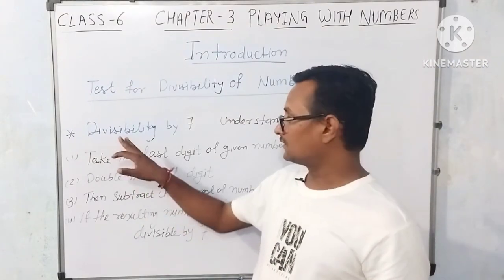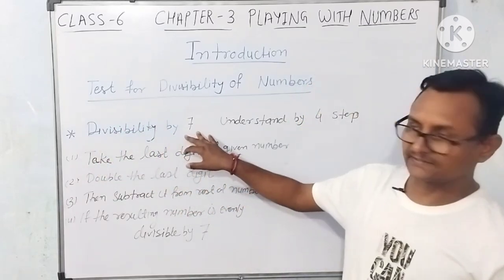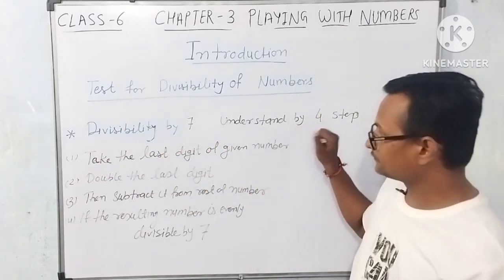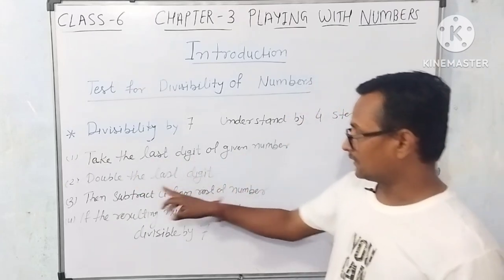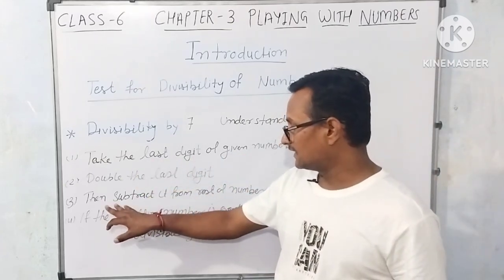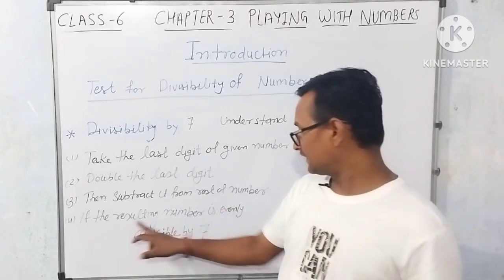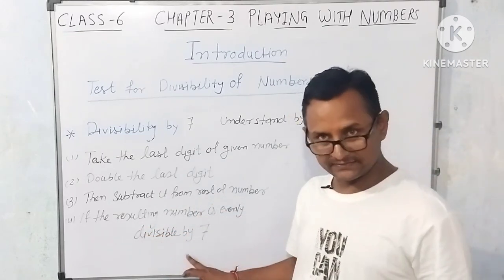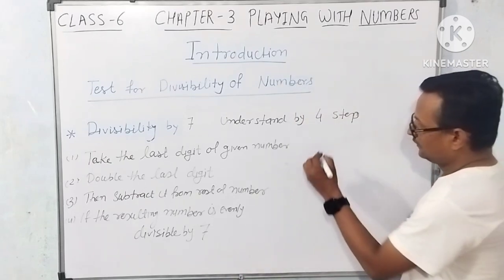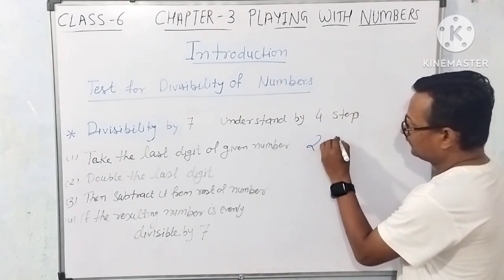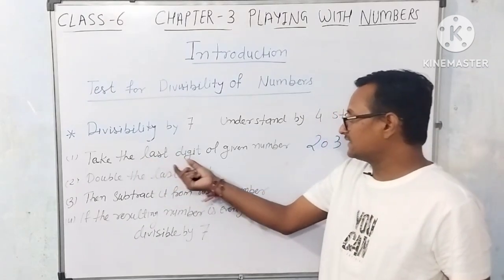Now friends, the last topic, divisibility by 7. Let's understand in a few steps. Take the last digit of the given number, double the last digit, then subtract it from the rest of the number. If the resulting number is evenly divisible by 7, the number is divisible by 7. Let's understand by example, 203. The first step is to take the last digit of the given number.